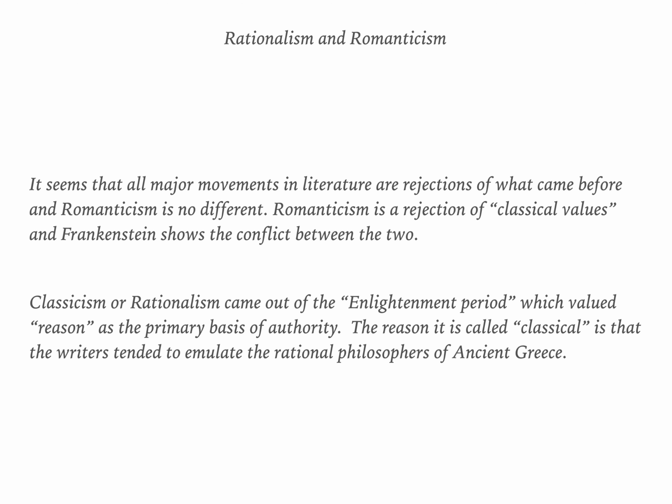Classicism, or rationalism, came out of the Enlightenment period, which valued reason, using one's brain, as the primary basis of authority. The reason it's called classical is that the writers tended to emulate the rational philosophers of ancient Greece. Romanticism celebrates the natural world and rejects reducing it to scientific fact. It celebrates the power, the intangible in nature.